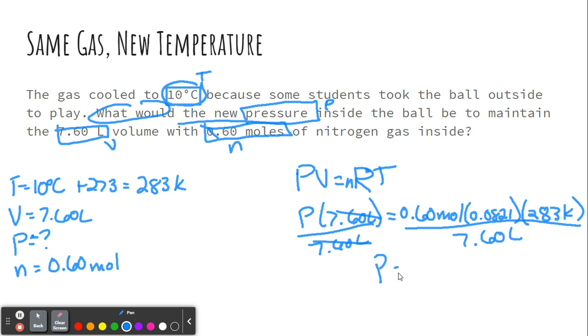And my pressure is equal to 1.8 atmospheres of pressure, which is our sig figs because I only have two there.